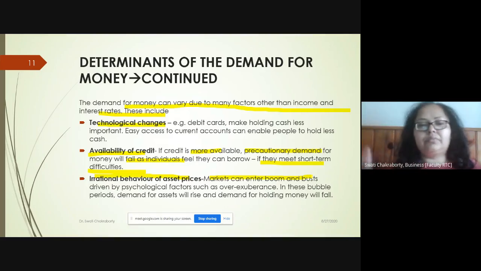One reason is that it is driven by psychological factors, that is, over-exuberance. Suddenly you see economic growth happening, the people are so excited they go on investing, and then suddenly there's a collapse. These are called bubble periods. Demand for assets will rise and demand for money will fall, and then all of a sudden it just goes down.